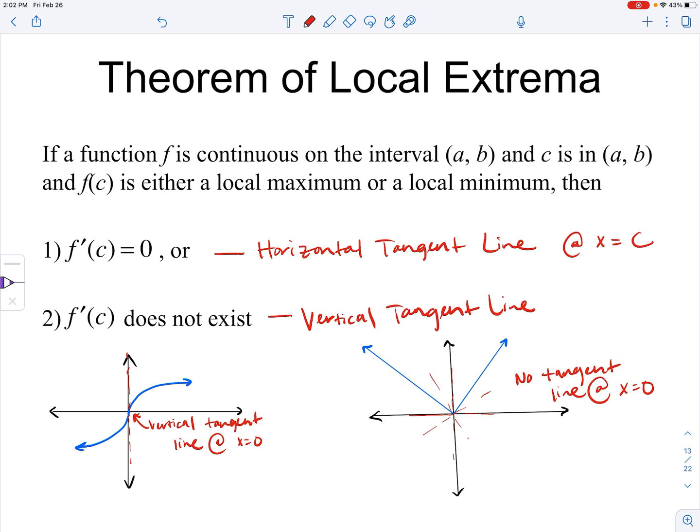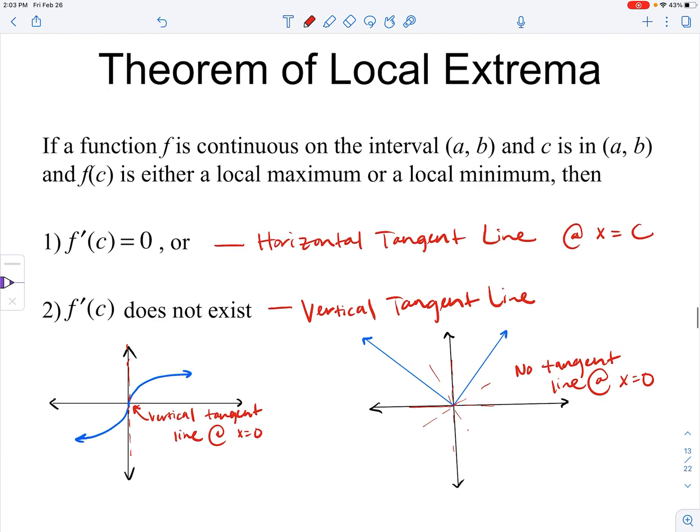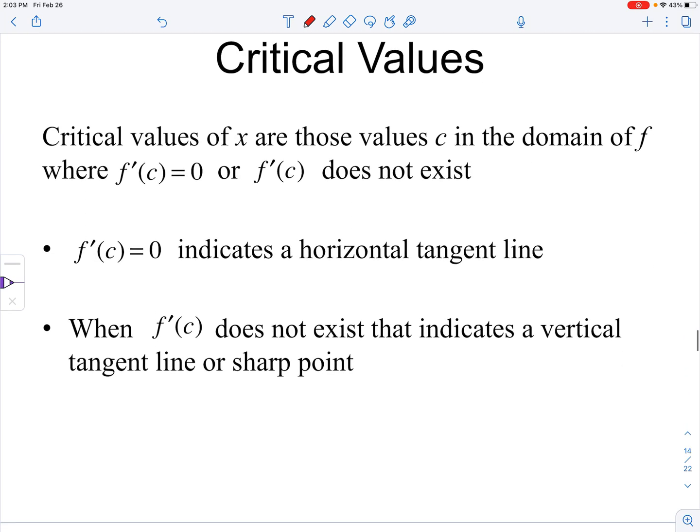Okay, so a local maximum or minimum is going to occur at a point where f prime of that x value is equal to 0 or f prime of that value does not exist.